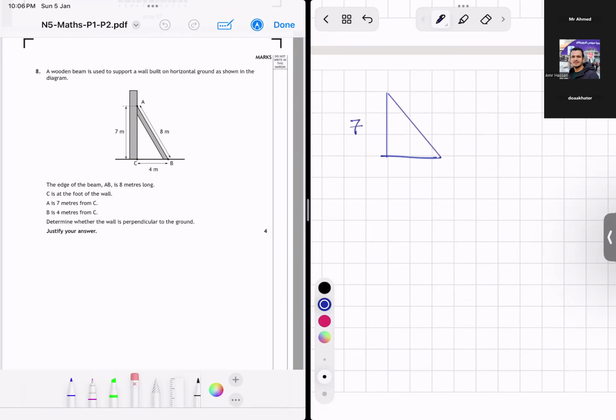This one is 7. Okay, I'm waiting for you. Oh yeah, okay. So 8 squared equals 7 squared plus 4 squared. Okay.